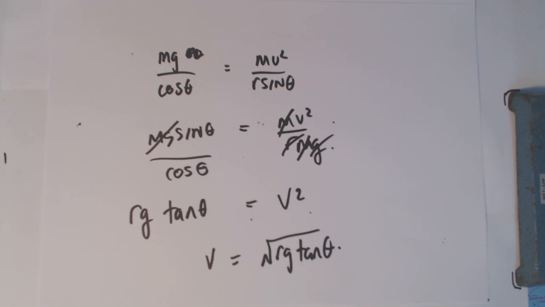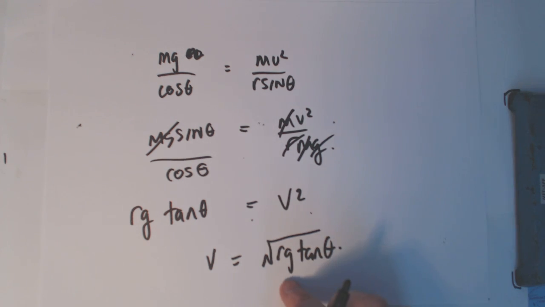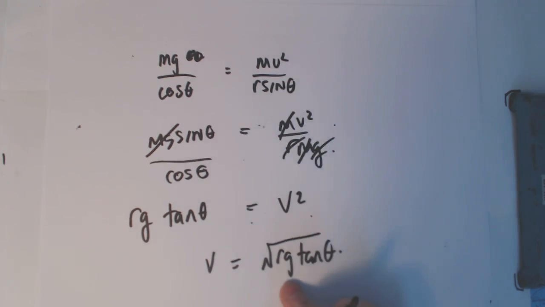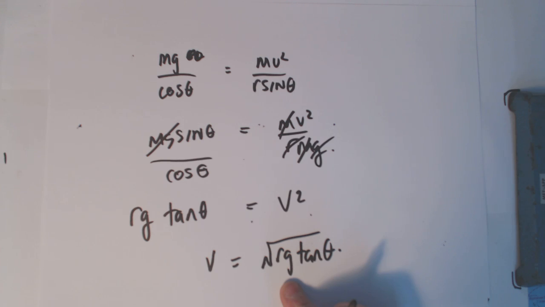So this is the conical pendulum, and what's that formula telling us? It's telling us the velocity that the pendulum swings at. Whenever you get a formula in physics, you should have a look at it and say, what does that mean? What we're basically saying is that the velocity is dependent on r, g and the angle. Gravity doesn't change, so it's more dependent on the radius and the angle.